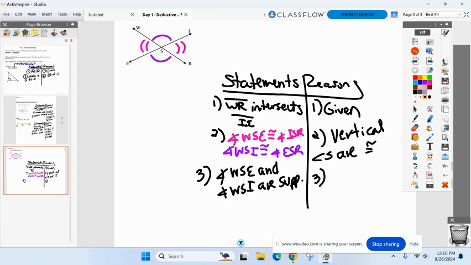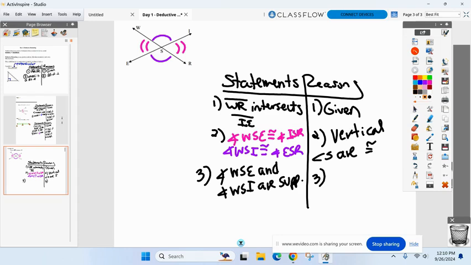Whoa, we didn't talk about the reason. Why is that true, that those two are supplementary? Because we said so. Try writing that in the reasons. Straight line. It does form a straight line. But I remember I gave you two theorems last unit. Vertical angles are congruent, and you might not remember the other.